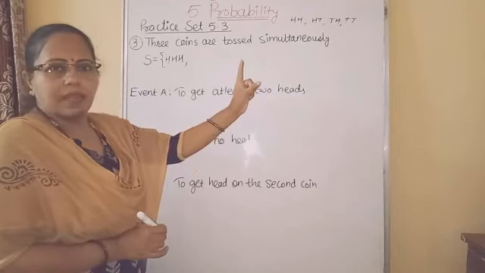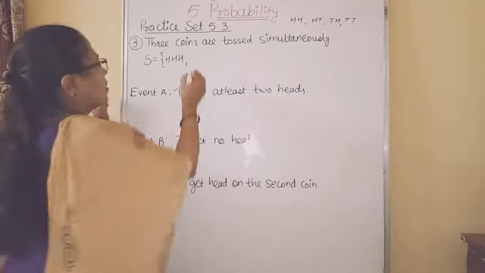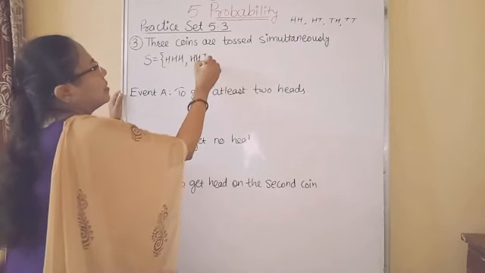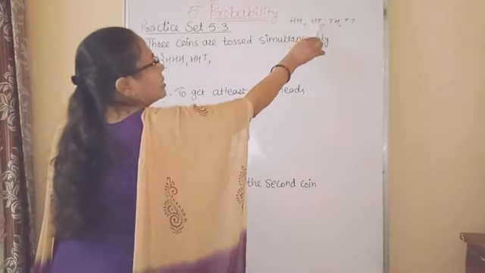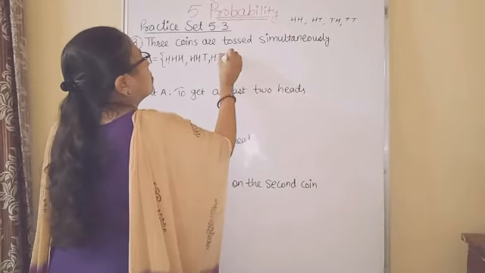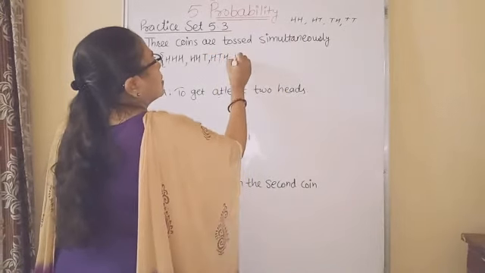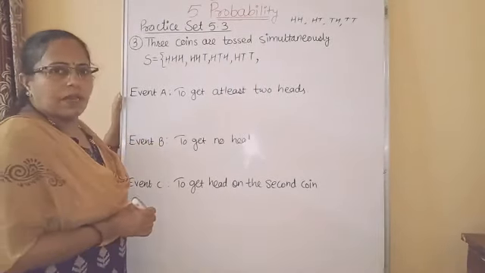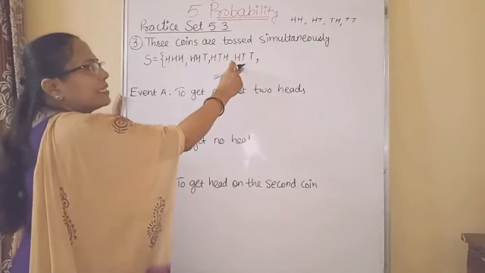All the 3 coins have head. Next result I will write HHT. See, HHT. Then HTH. Then HTT. Okay, we got 4 results.